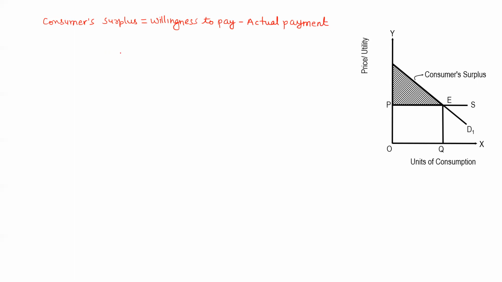And this willingness to pay can be obtained as the area under the demand curve, minus actual payment, which can be defined as the area under the equilibrium price line.